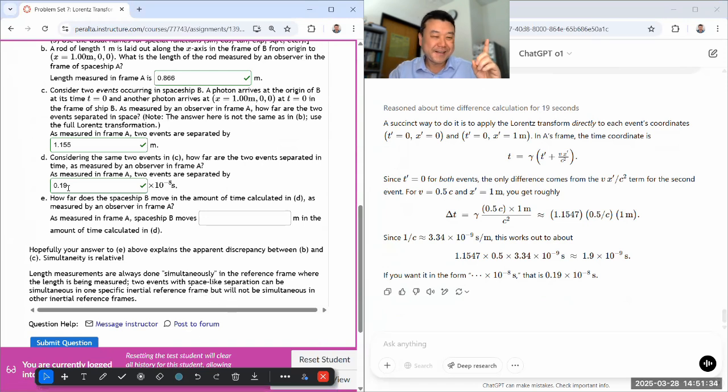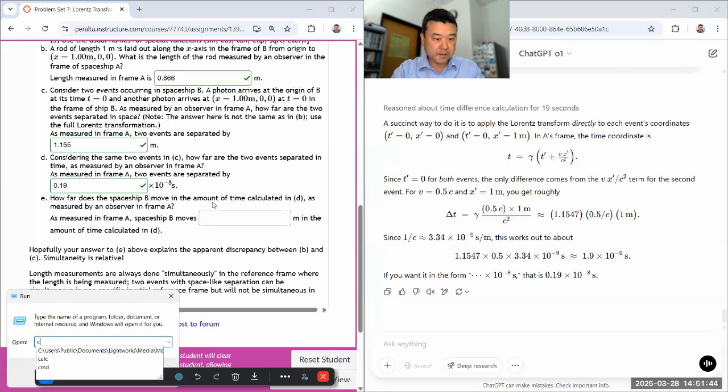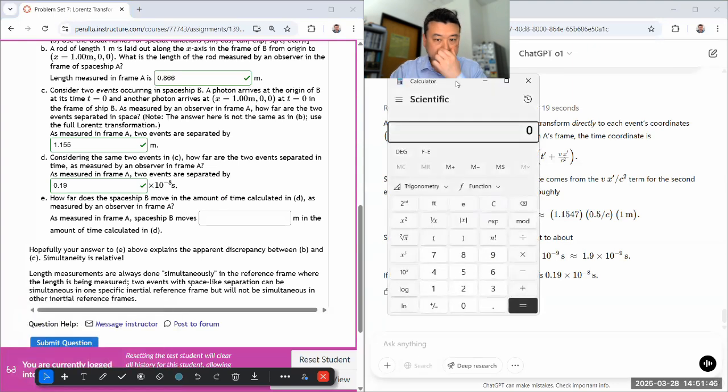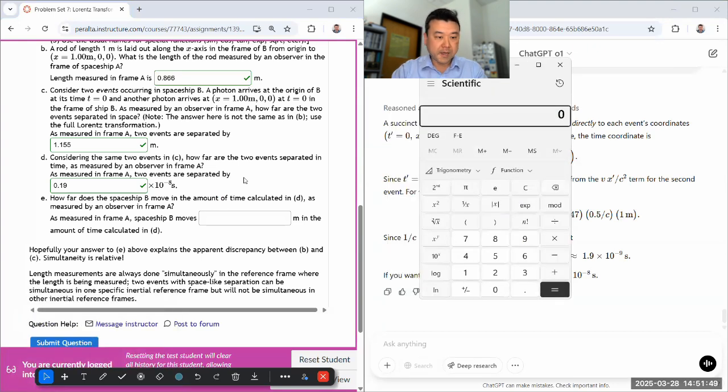That's my excuse. How far does the spaceship move? So this is the thing that you can work out, and I think I have enough already. In the amount of time here, 0.19 times 10 to the power of minus 8, that's the amount of time.